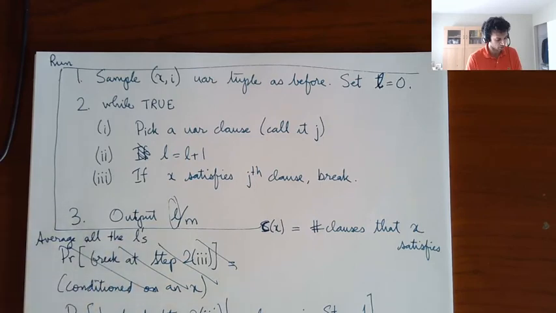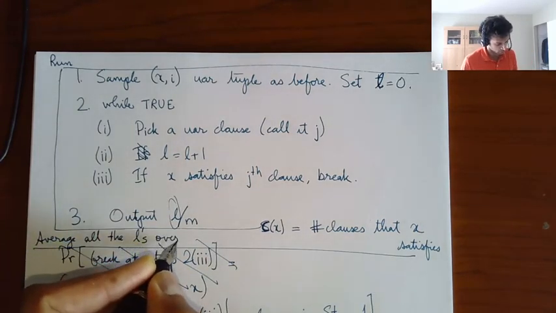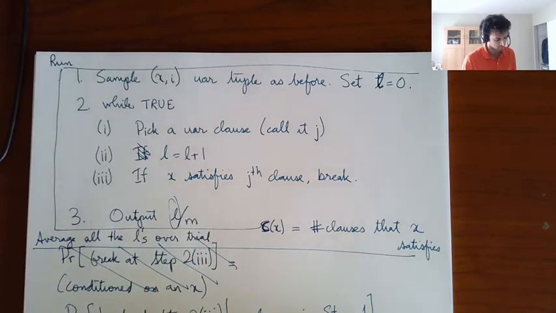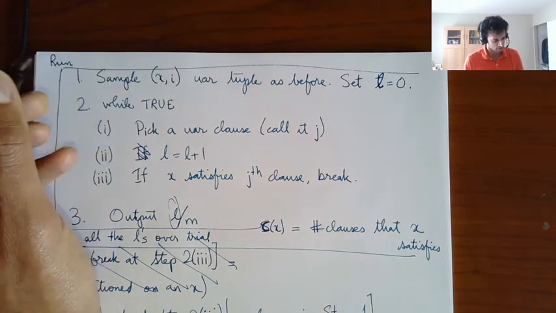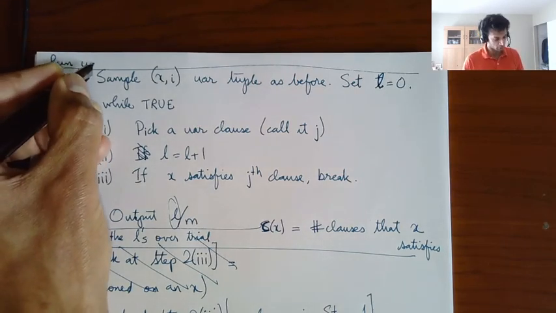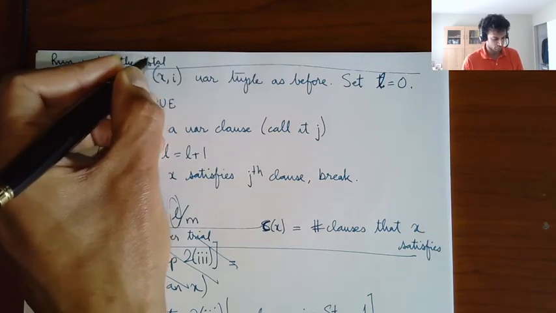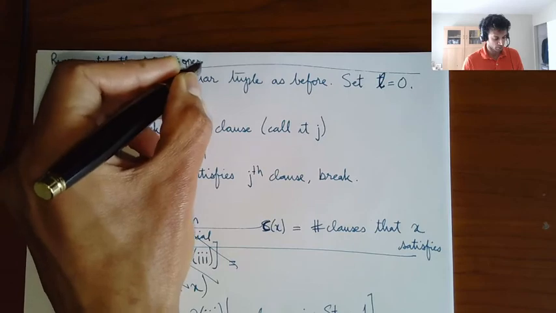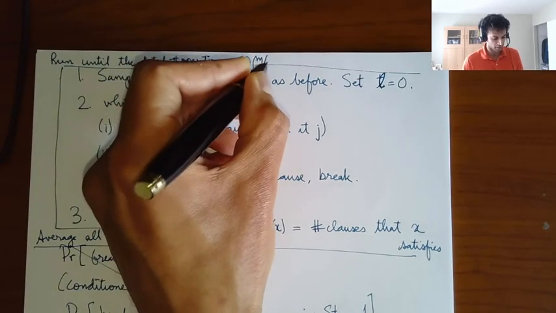I'll write this down again later. But I don't specify the number of trials. I'm going to run it until the total number of operations is O of m divided by epsilon square.